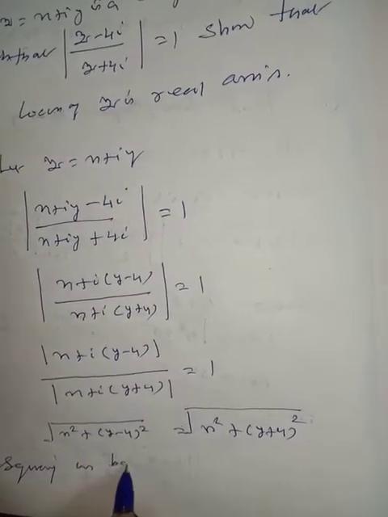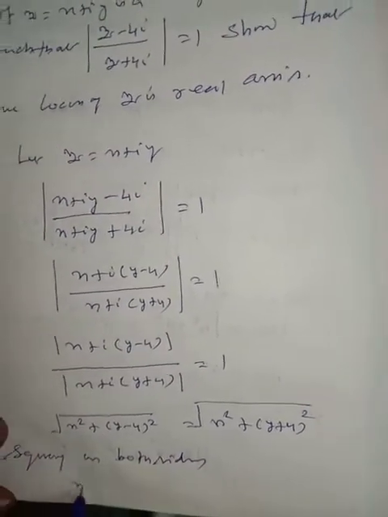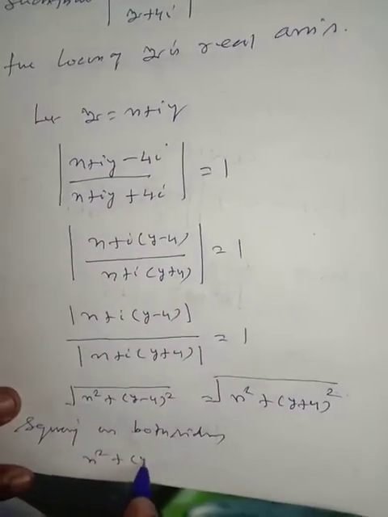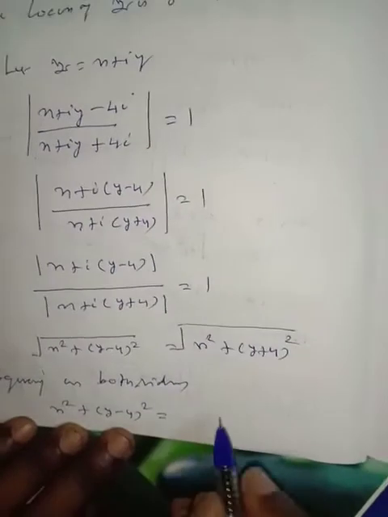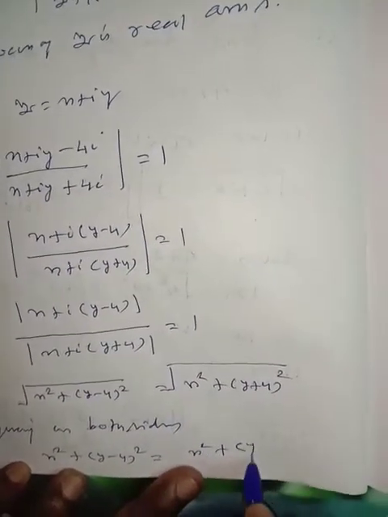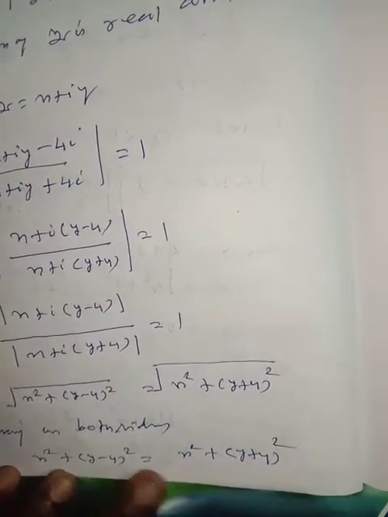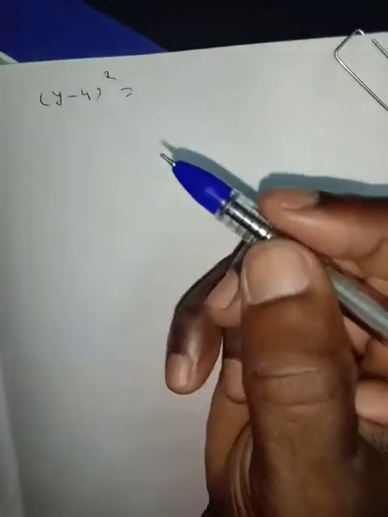Squaring on both sides, we have x² + (y − 4)² = x² + (y + 4)². Cancelling, x² cancels. Now (y − 4)² = (y + 4)².